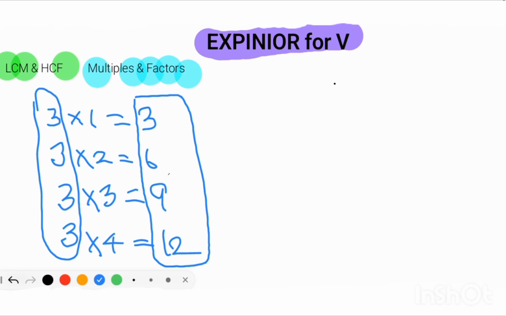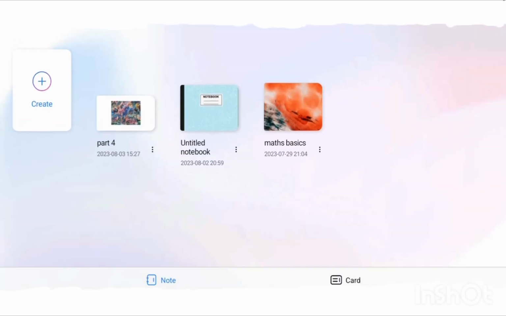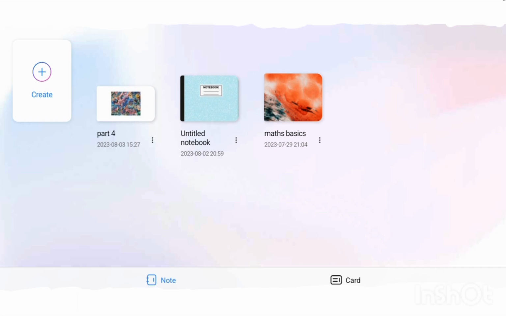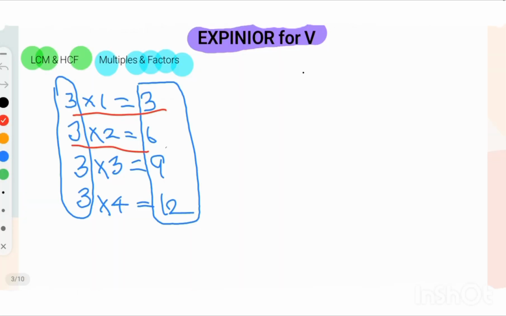That means in the 3 table we find 3, 6, 9, 12: 3 ones are 3, 3 twos are 6. So these are multiples. And if you see this, what you understand is 3, 6, 9, 12 are multiples of 3, and 3 is the factor of all these numbers.